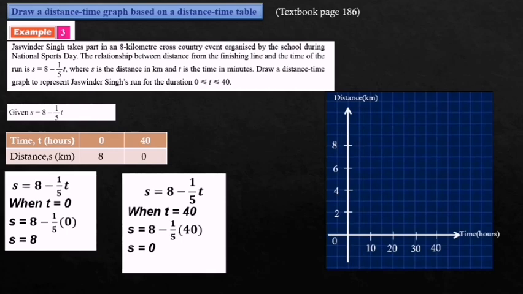After this, we plot the points. So we start with 0, 8, and 40, 0. Draw a line passing through these 2 points. This is how we draw a distance time graph based on a distance time table.